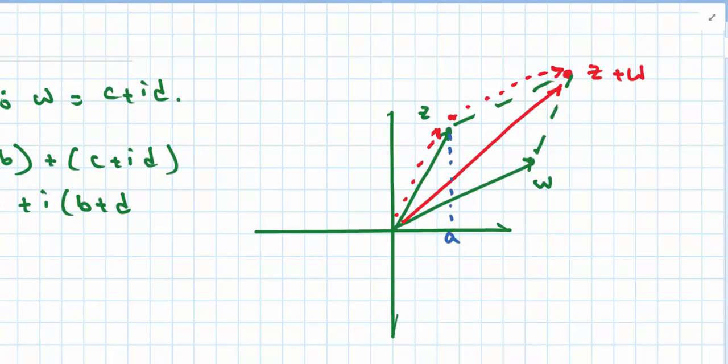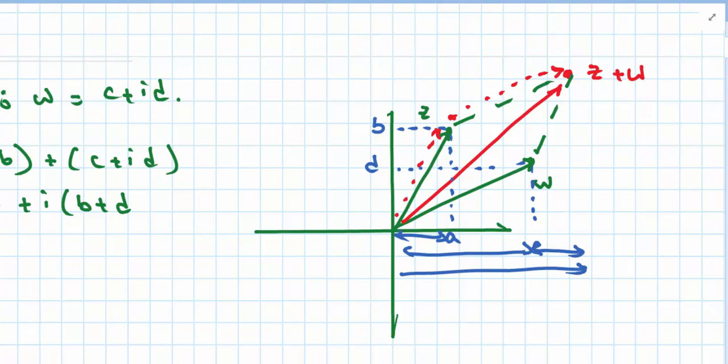That would be a, this would be b, here's c, and here's d. When I add these two vectors, c and a get added together, so the resultant is a plus c.